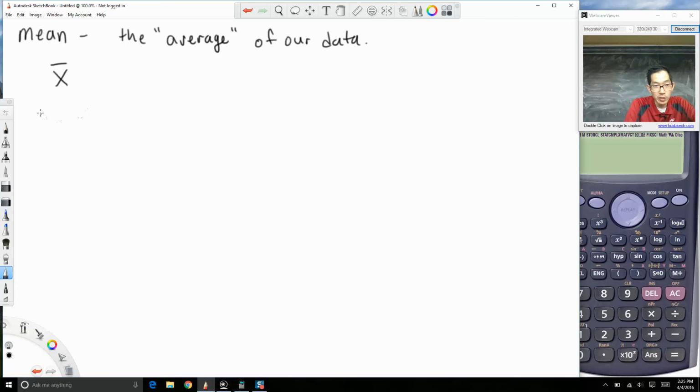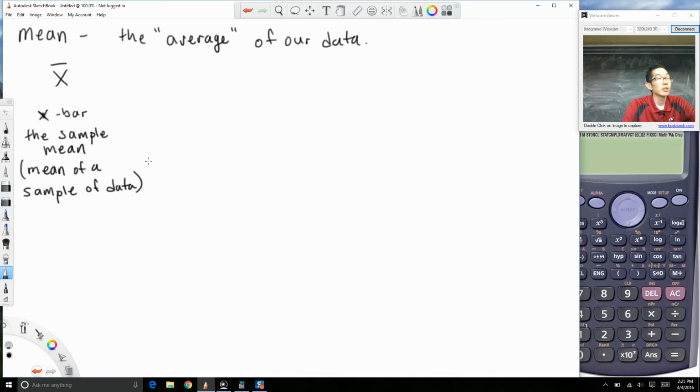Symbolically, we use X bar, read as X bar. This is the sample mean, or the mean of a sample of data. Later on in the course we'll talk about the mean of a population, and that uses a different symbol.